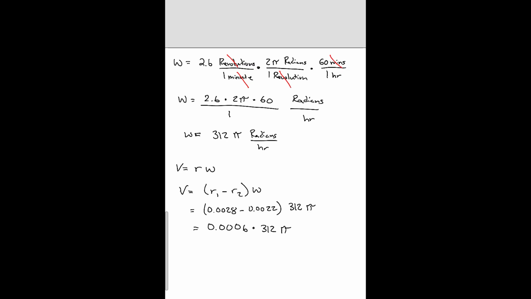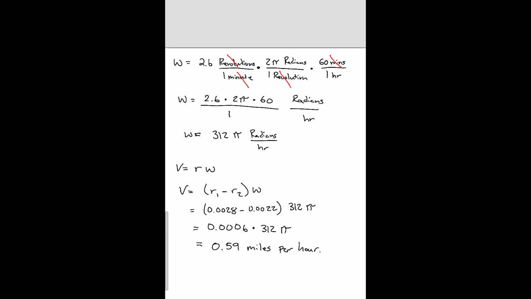All right. Now, since we are converting into miles per hour, because that's the units our final answer should be, you can do 0.0006 times 312 times pi, which now you can put as 3.14. And that gives us approximately 0.58, let's say 0.59. Now your answer is going to be in miles per hour.